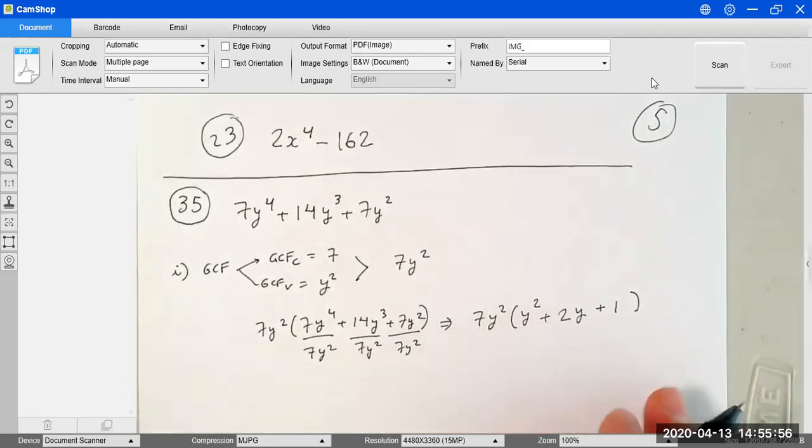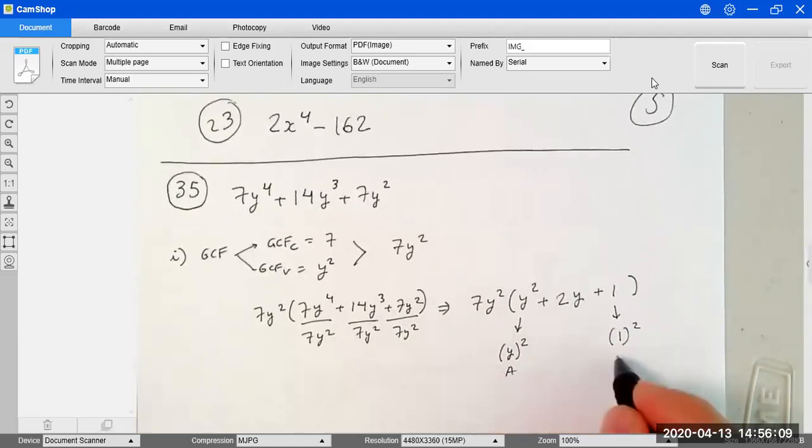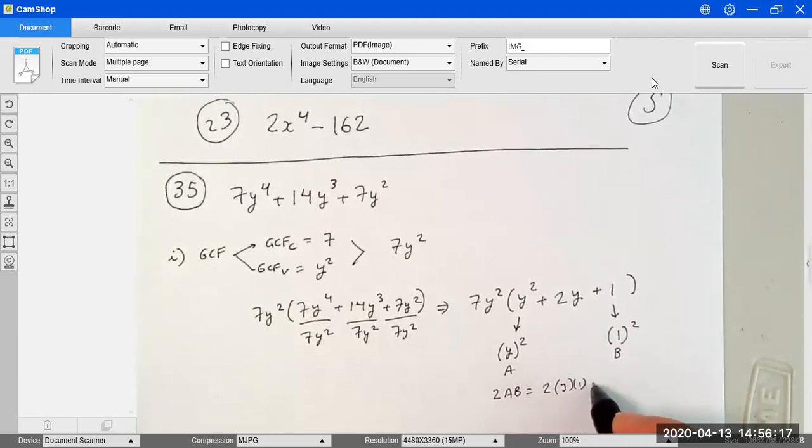So now I have a trinomial here. You can check that the first term is a perfect square, and this is also a perfect square. So you can write this as y squared, and this is 1 squared. So this is my a, this is my b. I can check 2 times ab, so I'm going to get 2 times y times 1. So this is 2y, and it happens that this is my middle term.